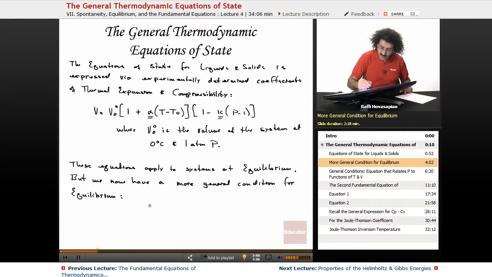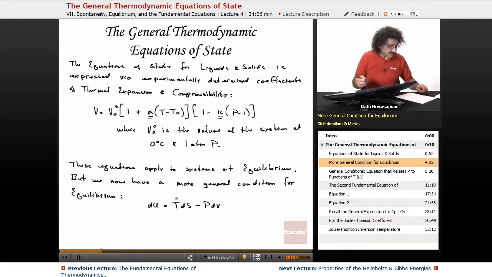And that condition is dU equals TdS minus PdV, the fundamental equation of thermodynamics. This is the relation for a system at equilibrium. The change in its energy equals TdS minus PdV. It's a relationship between energy, entropy, volume, pressure, temperature. This is the general condition of equilibrium. It's what we've been doing in the last couple of lessons.